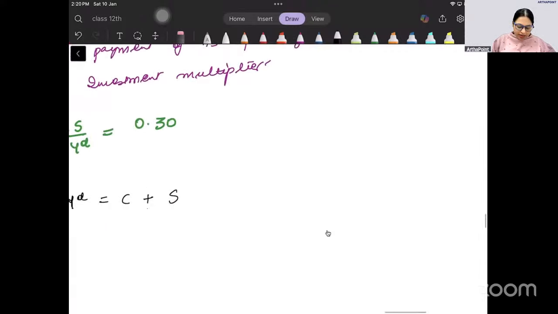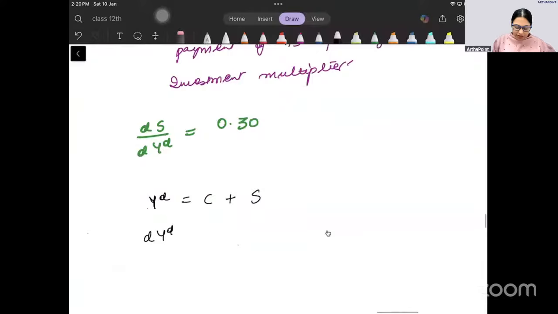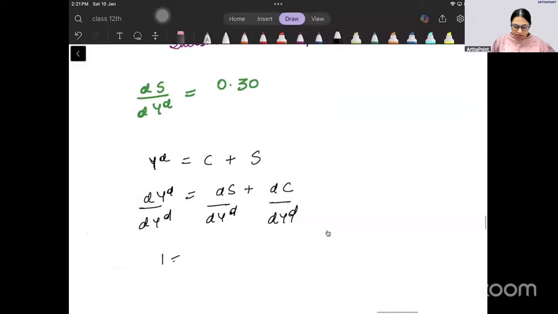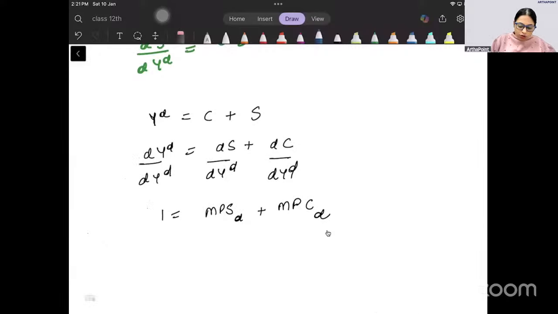So dYD will be dS plus dC. I can divide throughout by dYD, and what will I get? 1 is equal to marginal propensity to save out of disposable income plus marginal propensity to consume out of disposable income. Now, my marginal propensity to save out of disposable income is given as 0.30, so MPC out of YD will be 0.70.